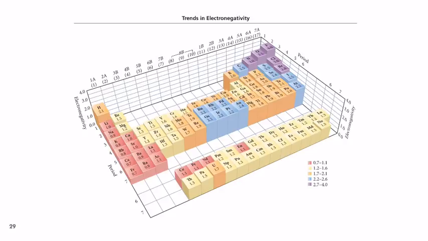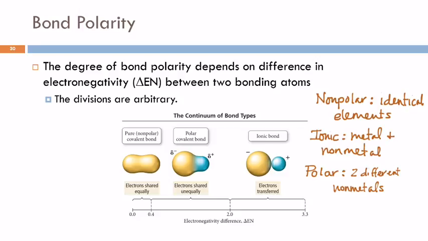There are exceptions, of course. Carbon and hydrogen would be nonpolar. Nitrogen and chlorine, they have the same electronegativity, they're nonpolar. But most of the time, these rules are going to work. And you don't need a table or anything to look at.